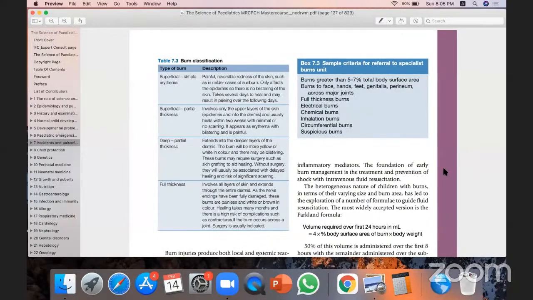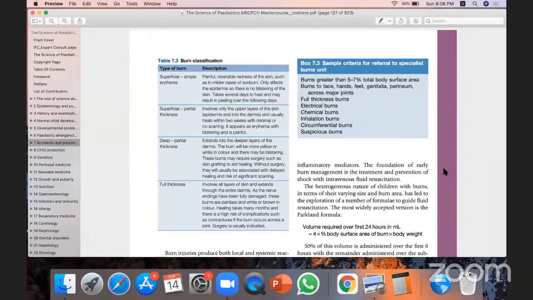So what are the types of burn? We already know that there are superficial burn, deep burn, and full thickness burn. Who can tell us up to which layer a burn is painful, and after which it will be painless? Superficial partial thickness, ma'am. Yeah, superficial partial thickness, because the nerve endings end here.